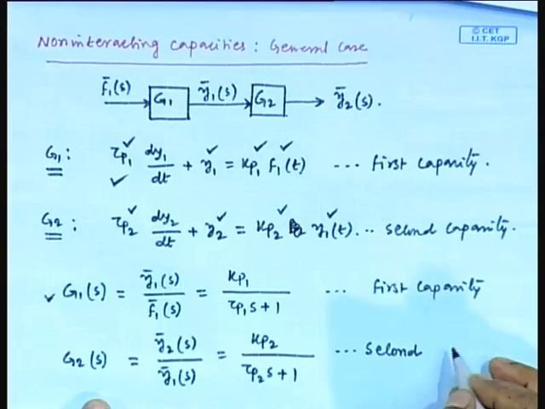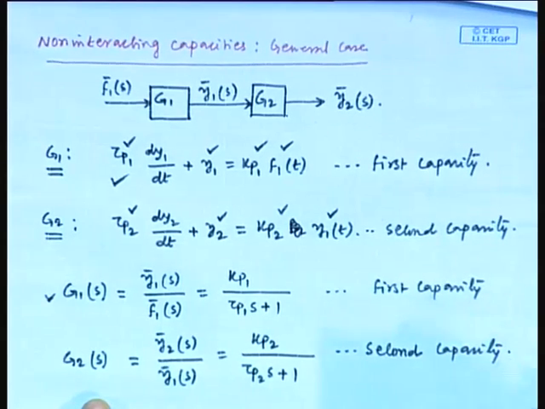This is for the second capacity. Agree? Now, our objective is to find the overall transfer function.